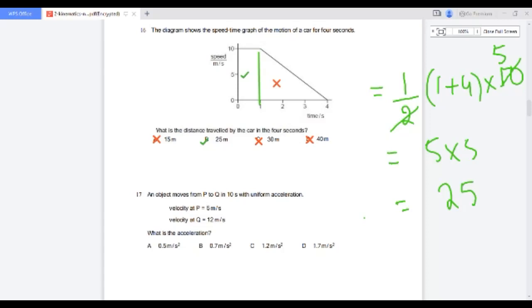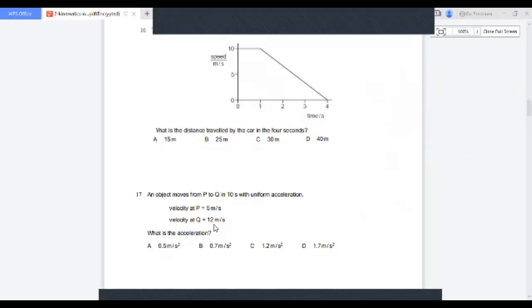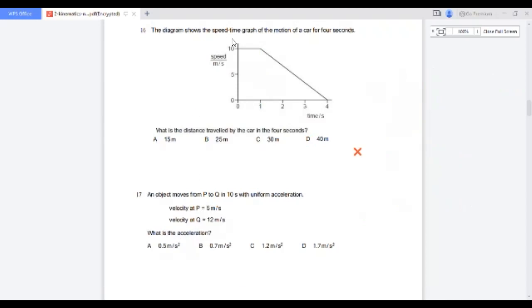In question number 17, an object moves from P to Q in 10 seconds with uniform acceleration. Velocity at P is 5 and velocity at Q is 12. What is the acceleration? You know that acceleration is, so this is our U, this is V, and this is your time.